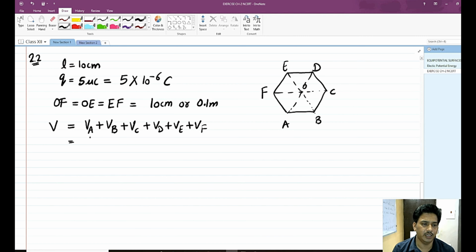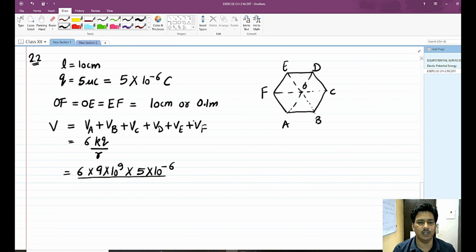So I can write here 6 times KQ by R. Now 6 into 9 into 10 to the power 9 and the magnitude of charge is 5 into 10 to the power minus 6 divided by R. What is R? R is 0.1 meter.